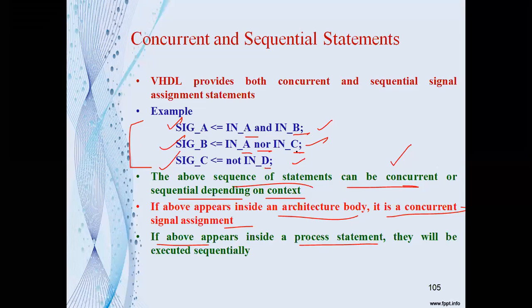If all these statements are placed in the process statement, then they will be executed sequentially. So in a simple way, you can understand that in the data flow we always use the concurrent statements, and in the behavioral modeling we always use the sequential statements, because in the behavioral modeling we use the process statement to model the digital system.